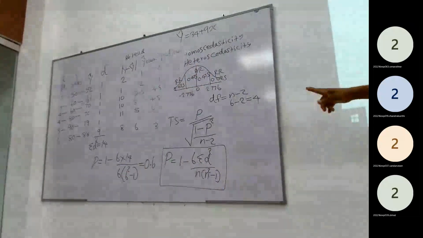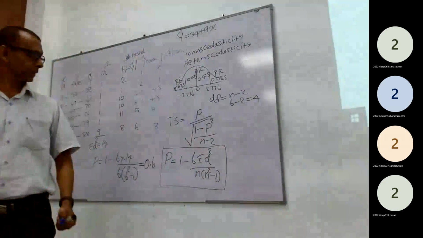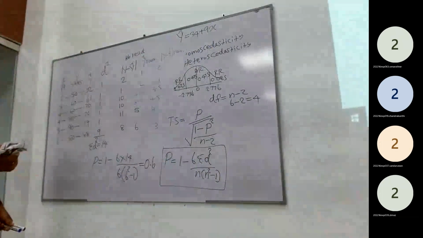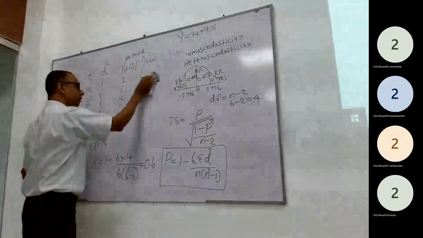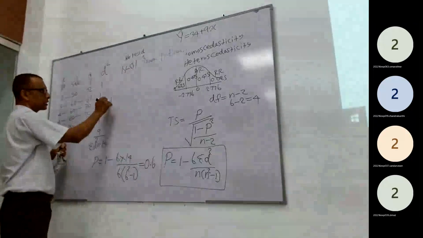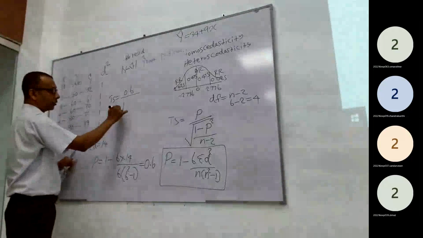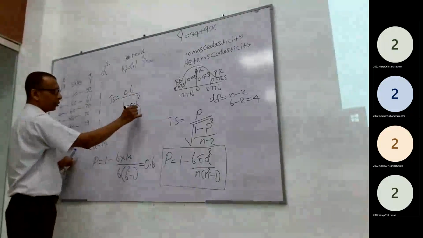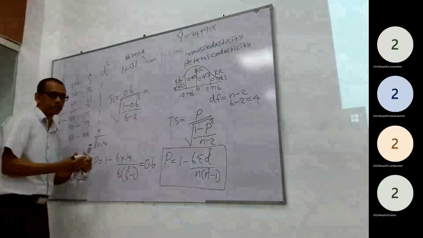Then you can calculate the test statistic: rho, 0.6, divided by the square root of (1 minus 0.6 squared) over (6 minus 2). That is my test statistic.